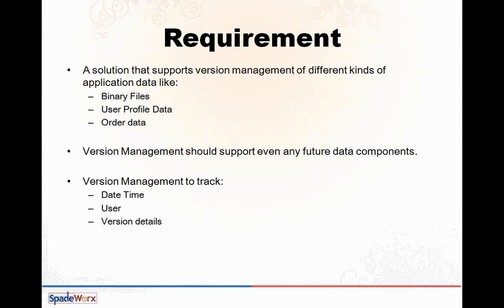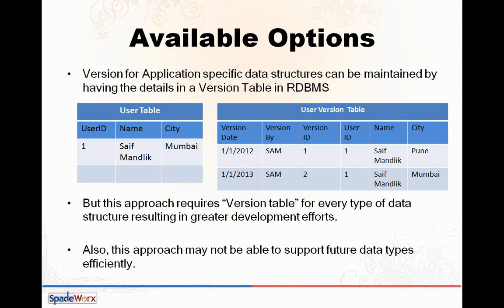So this seems to be pretty similar to any version control system such as Visual Source Safe or TFS or whatever. But all those are file management systems. Here we needed it as a service so that it can be used in an application. A lot of research and analysis in search for an existing solution went in vain.